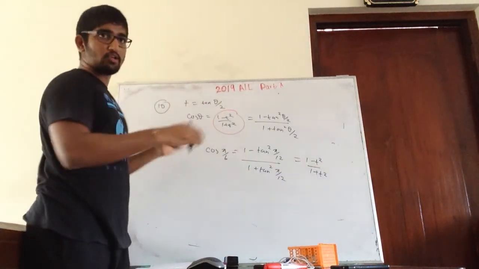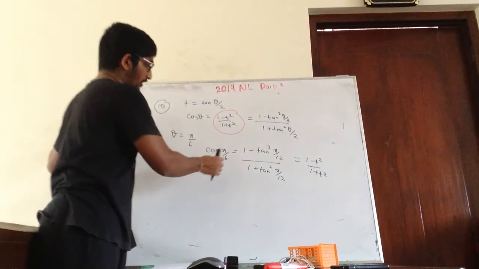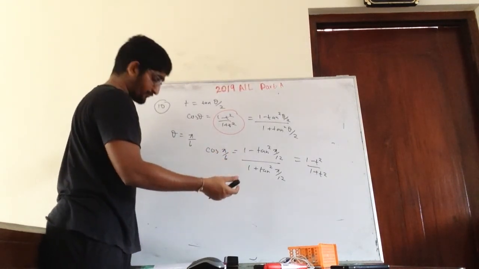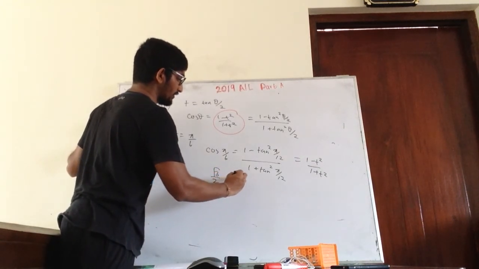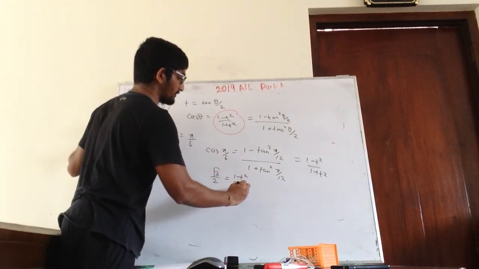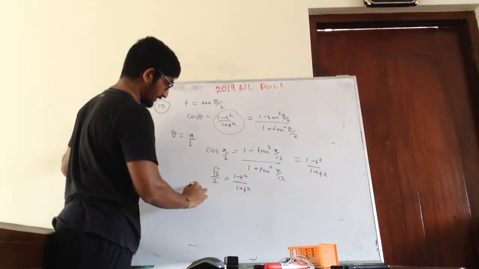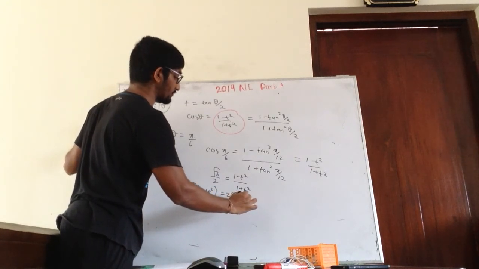So I need to find the value of t, right? Cos 5 pi over 6, we know the value. That is minus square root 3 over 2 equals 1 minus t square over 1 plus t square. So then I can get minus square root 3 times 1 plus t square equals 2 times 1 minus t square.